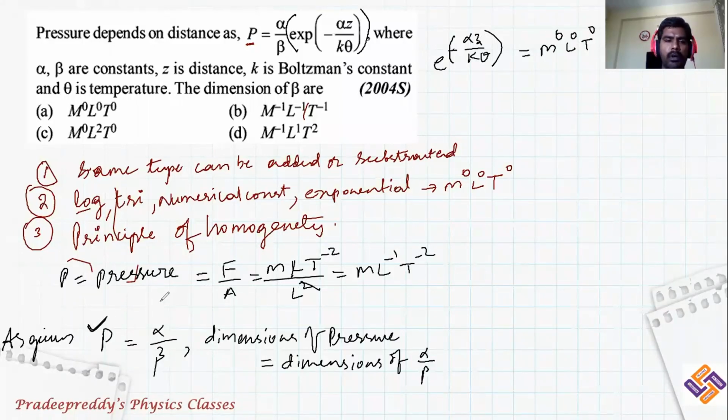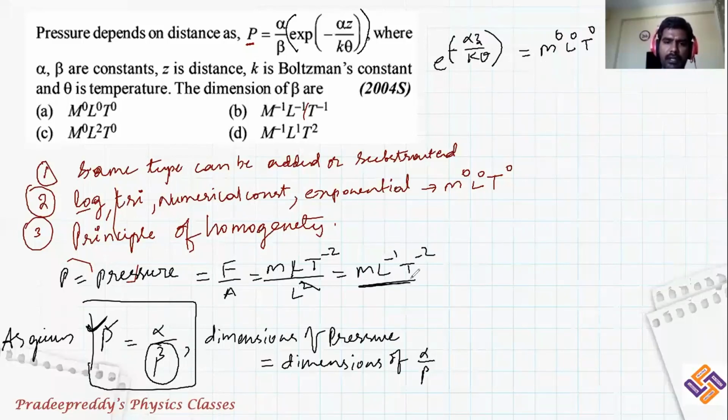In order to find the dimensions of beta, you know the dimensions of pressure, it is already written here, but you do not know the dimensions of alpha. You should find out the dimensions of alpha, and I can substitute that here so that you will get the dimensions of beta.